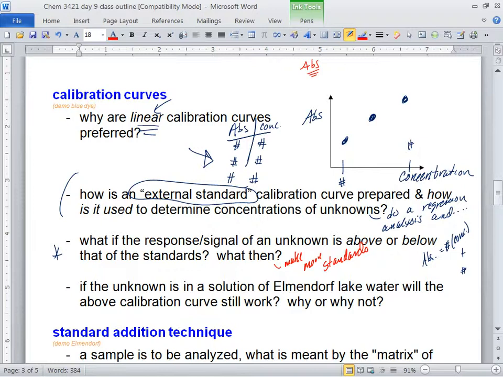External standard calibration curve. What if this poison was in Elmendorf lake water? Now, there's some blue stuff in here. Do you see a problem?